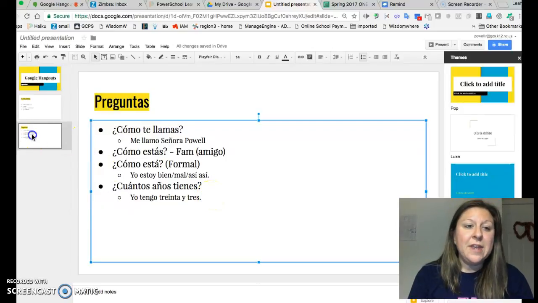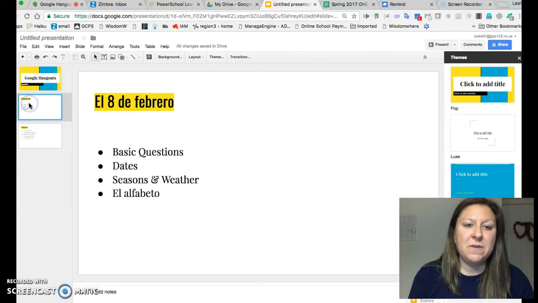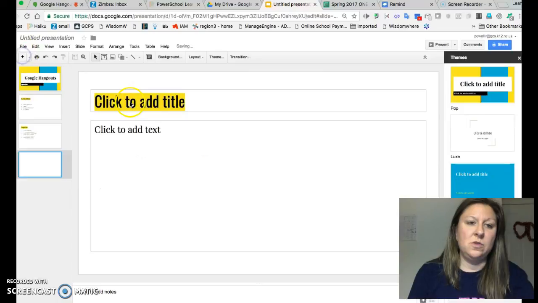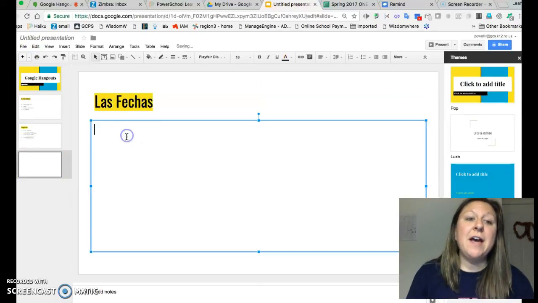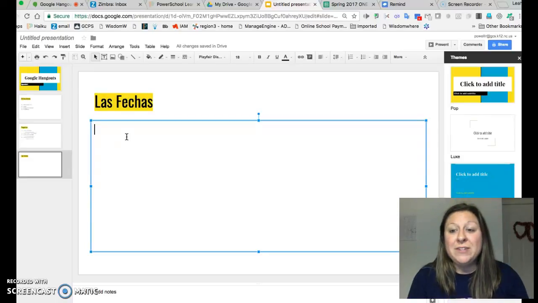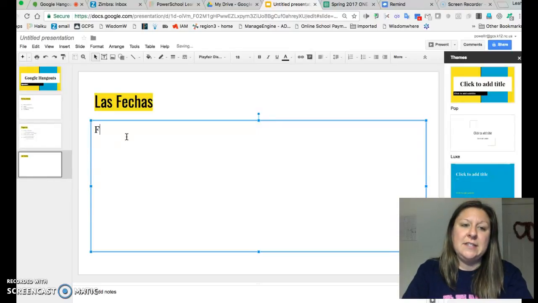So now we will jump from the preguntas, and we are going to talk about some dates, or las fechas. First off, a quick reminder that when you say the date in Spanish, you always place the number first, and then you follow with the month. So let's say today's date is February 8th.